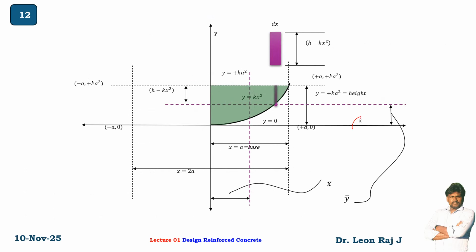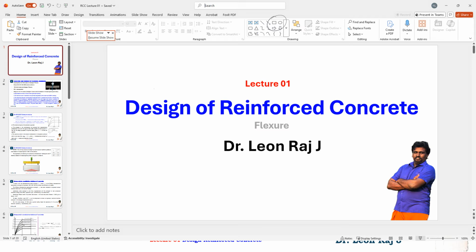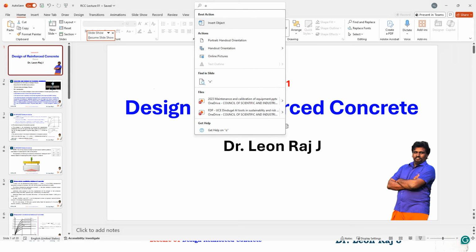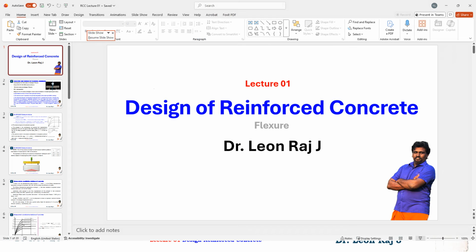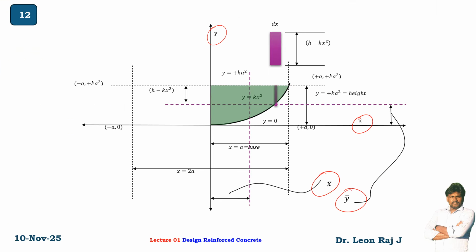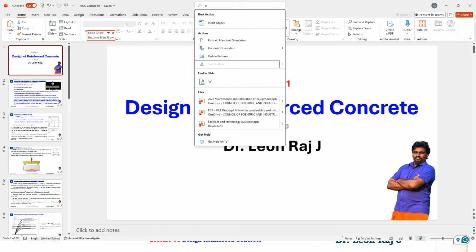For a given x-axis and y-axis, this is the parabola, and your centroids are x bar and y bar. This is a small strip.